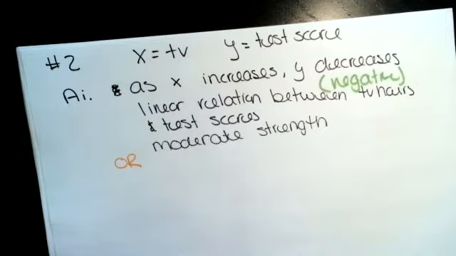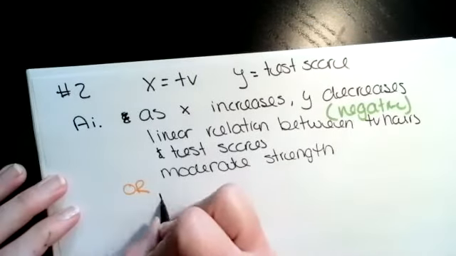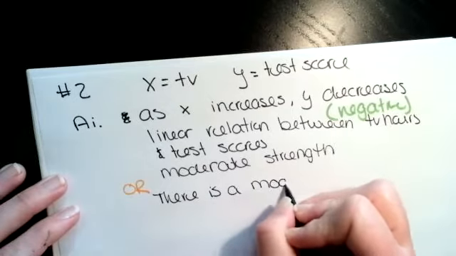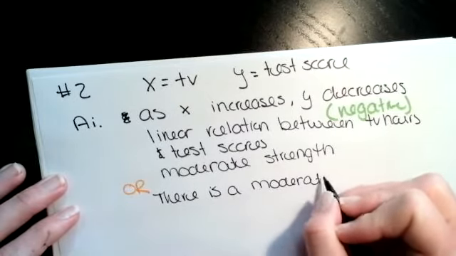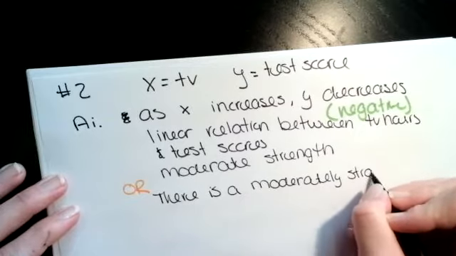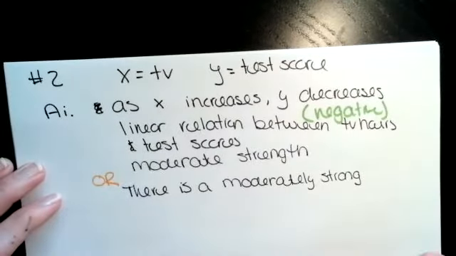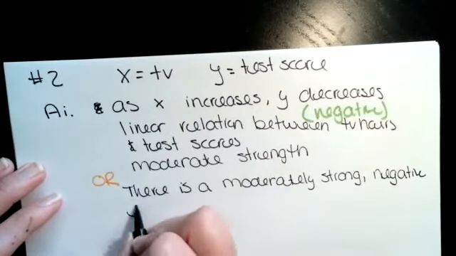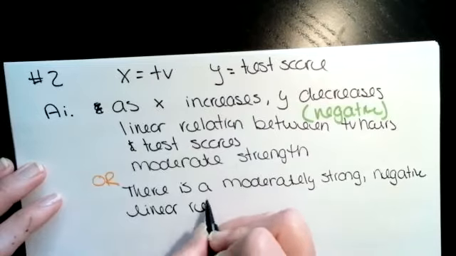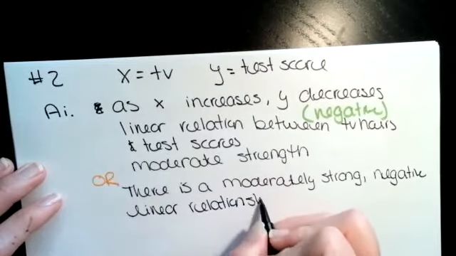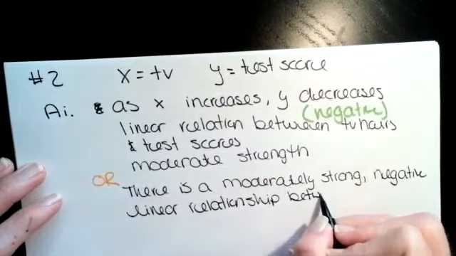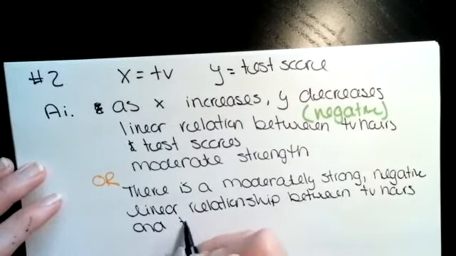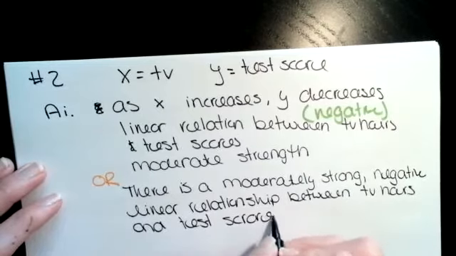Or you can say something like, there is a moderately strong, or just moderate, negative linear relationship between TV hours and test scores. So this is typically what we would use if we had R.